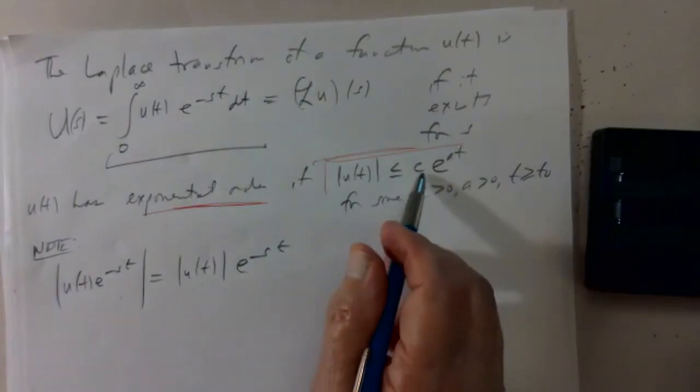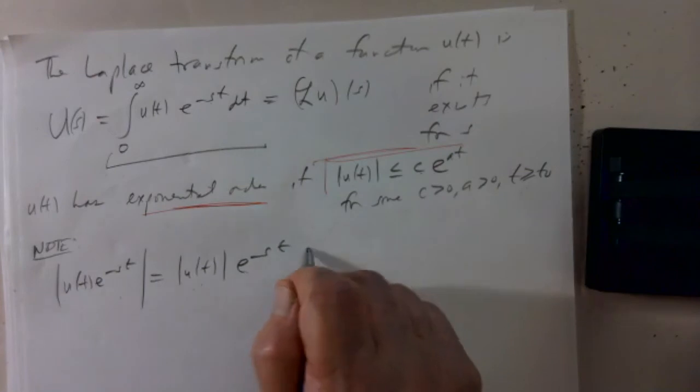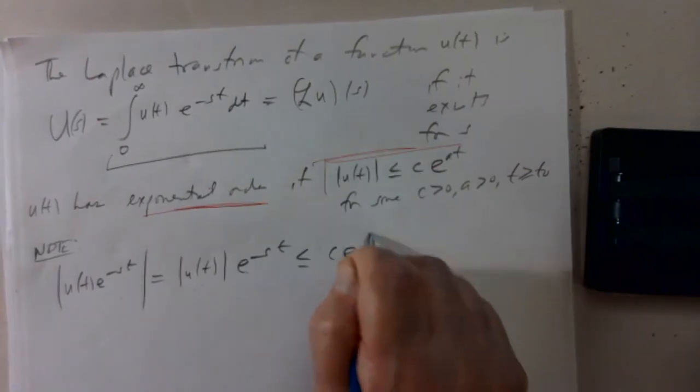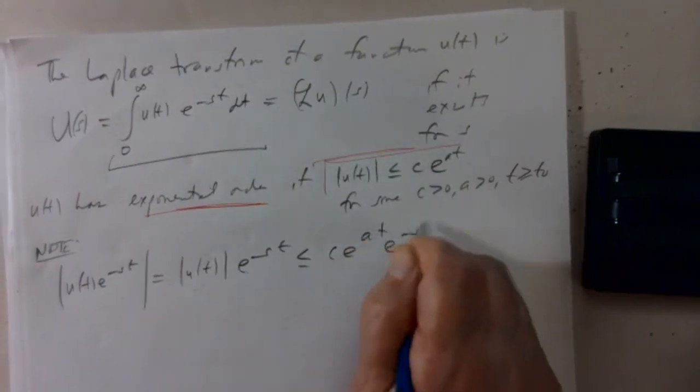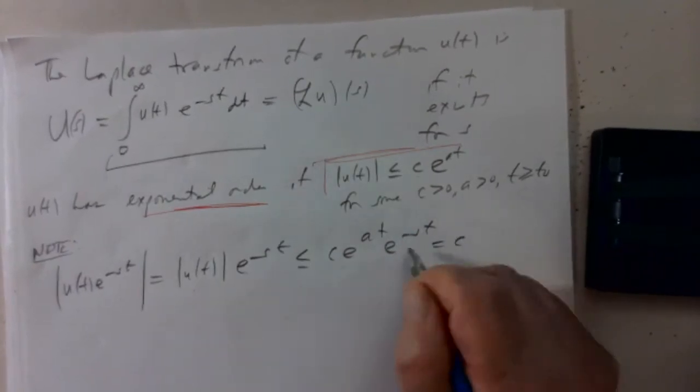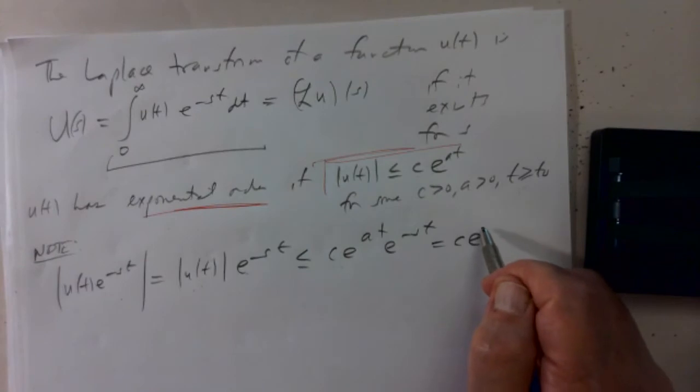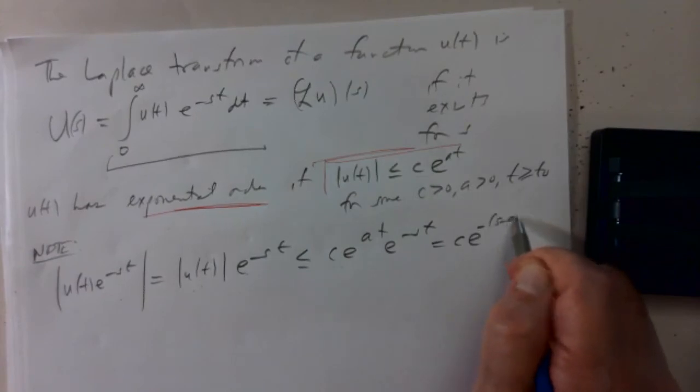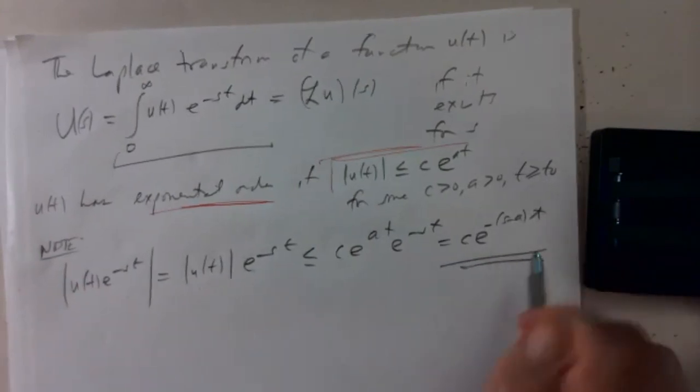We're assuming u of t satisfies a condition like this. So this is less than c e to the at e to the minus st, which, using our rules for exponents, is c e to the minus s minus a times t.